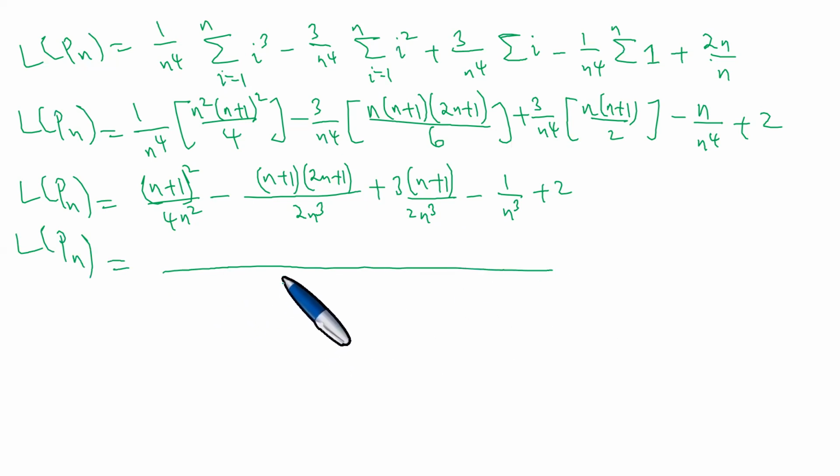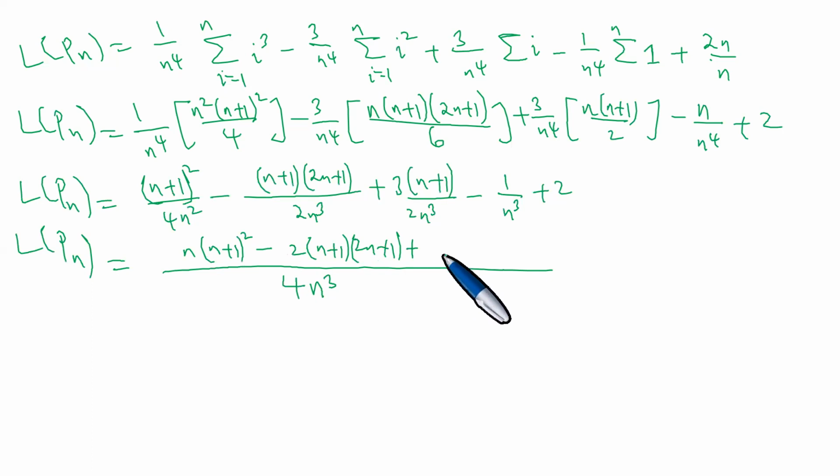The lowest common denominator, I can write 4n cubed. Divide 4n cubed by 4n squared, it becomes only n into n plus 1 squared. Divide this one, it becomes 2 into n plus 1 into 2n plus 1. Divide by the 2, it becomes 2 by 3, 6 into n plus 1.